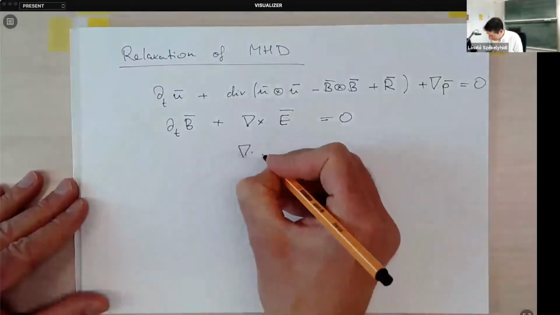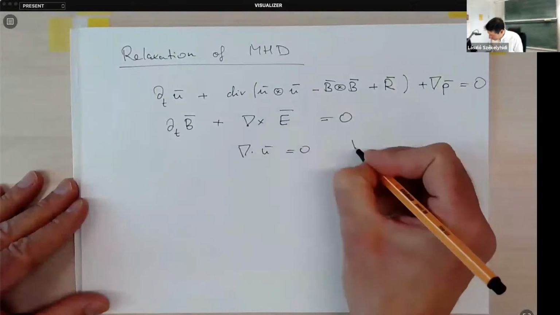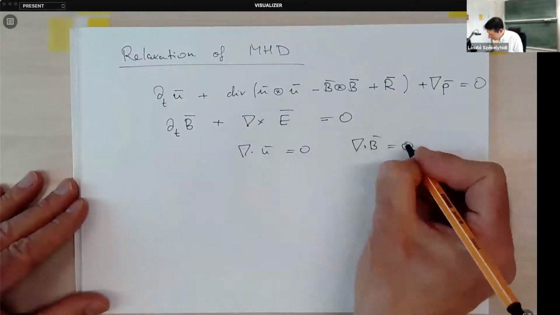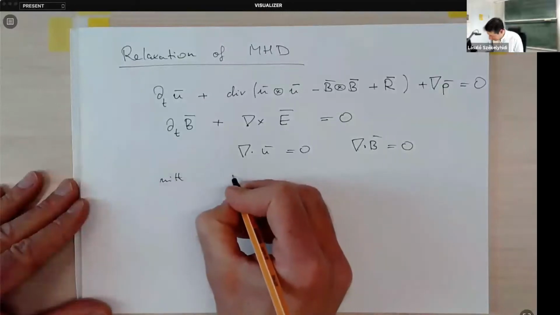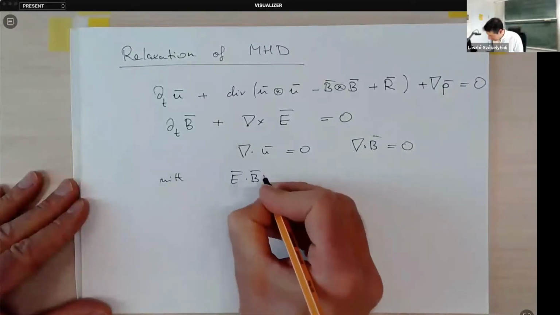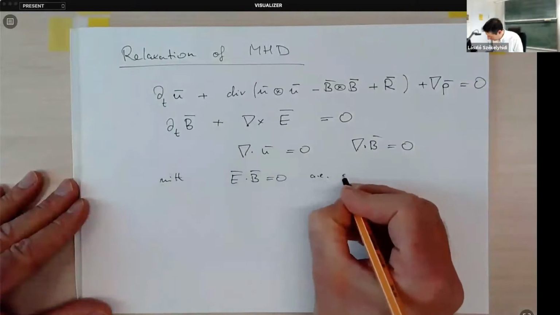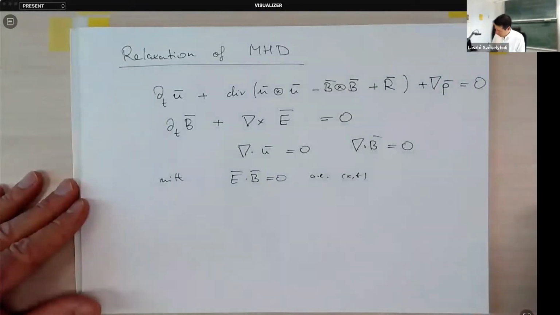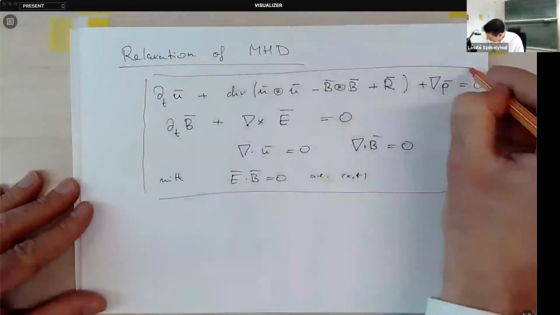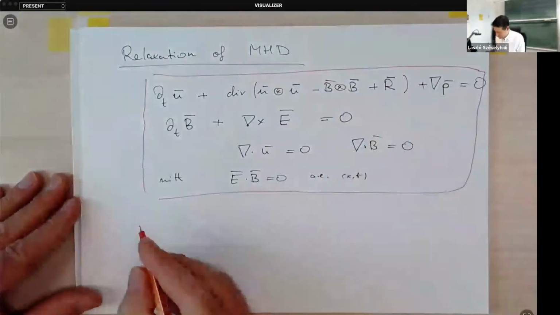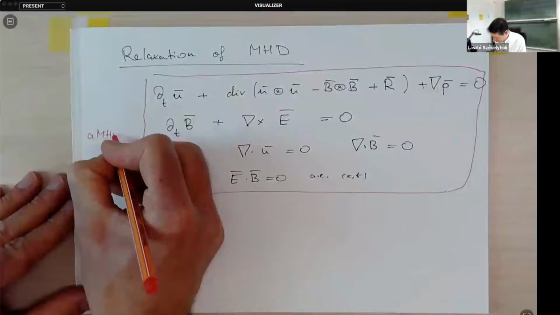We have the divergence-free conditions. And with the additional condition that E dot B is 0 for almost every x, t. So this should be what I want to call the averaged MHD system. Let's call it A MHD.